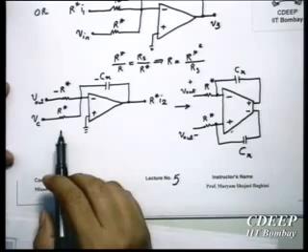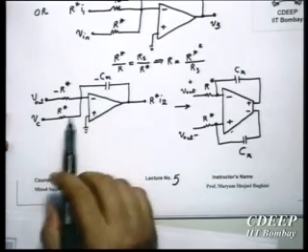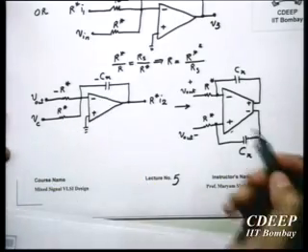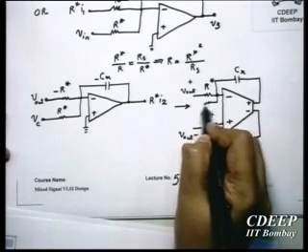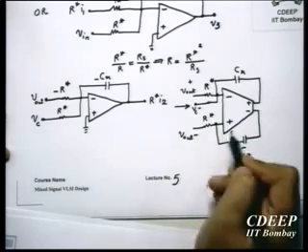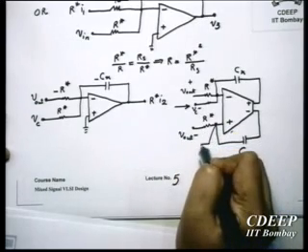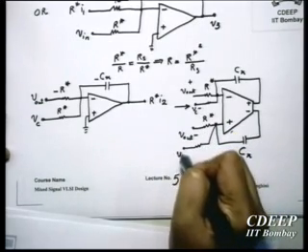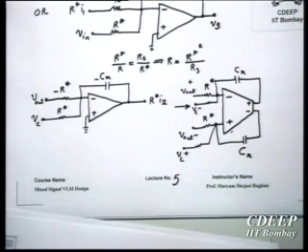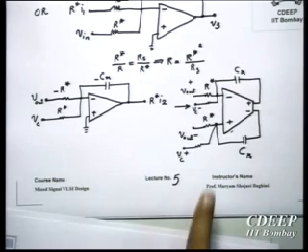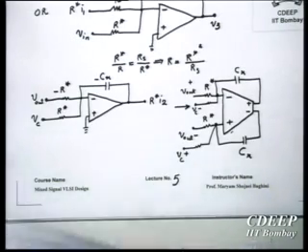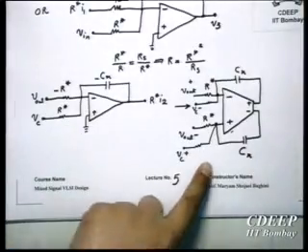Now what about VC? For VC this is positive. Therefore I have to apply VC negative here and VC positive. So automatically polarity will be taken here. So now we have this component, we replace all these components by this.